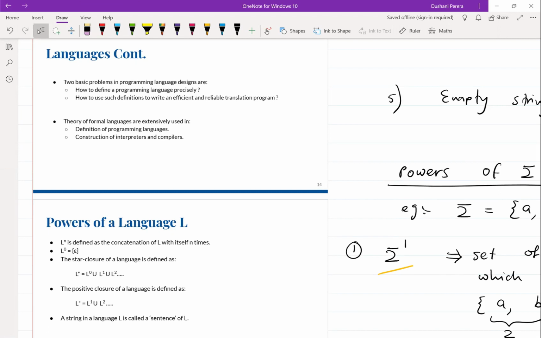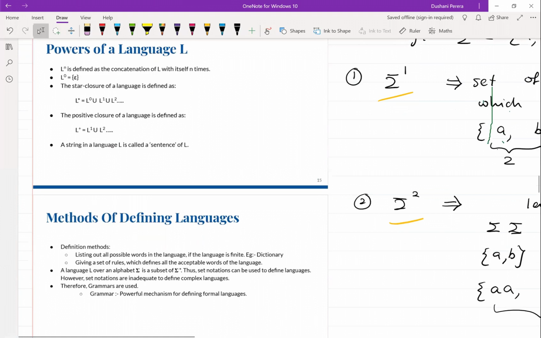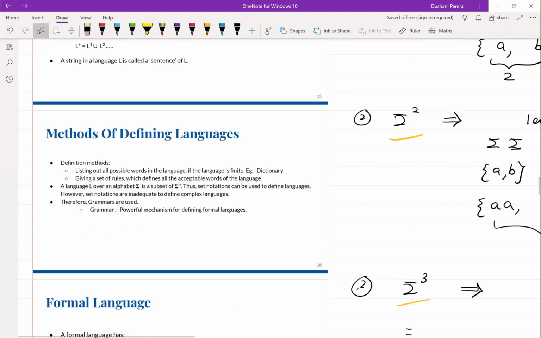Okay, and the theory of a language, what we discuss in this lecture series, is used in defining a language at the same time when we construct translators. And yeah, we discussed the powers of a language. Then, methods of defining a language.